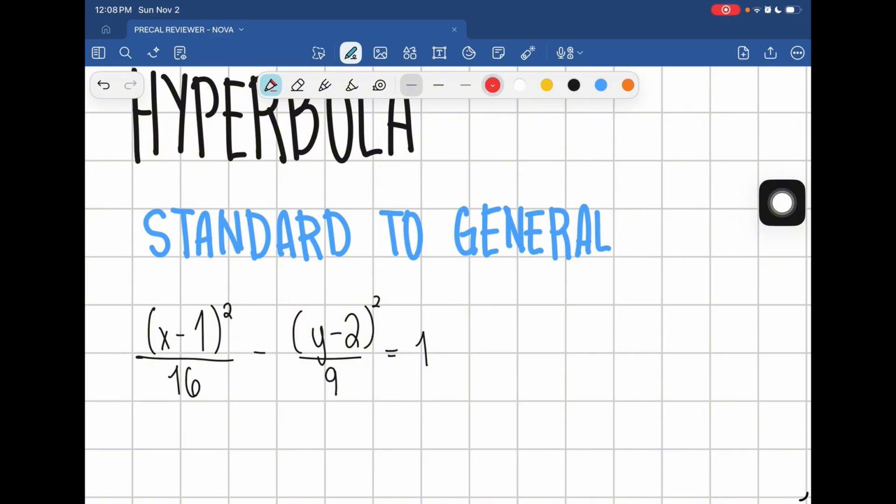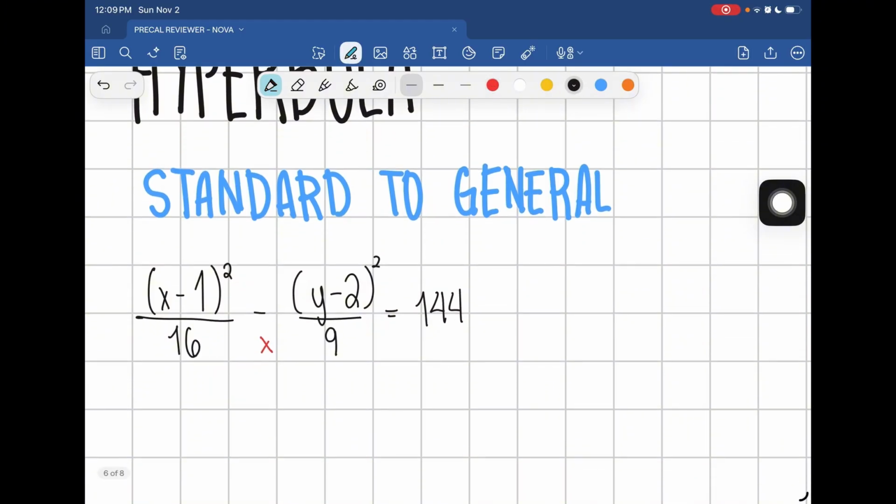So, in order to do that, let's find the LCD. So 16 times 9 is equals to 144. And after that, let's multiply it. 144.